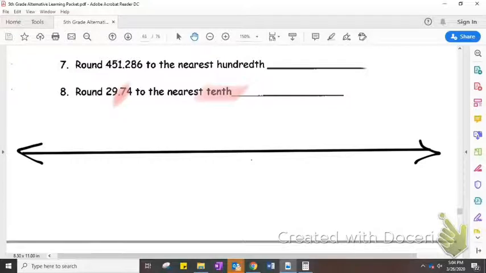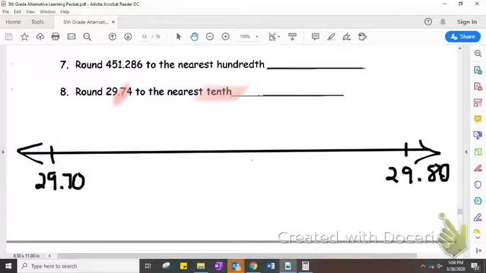I'm trying to decide if 29 and 74 hundredths rounds to 29 and 7 tenths, or rounds up to 29 and 8 tenths. Okay? So in between 29 and 7 tenths and 29 and 8 tenths are 10 hundredths.